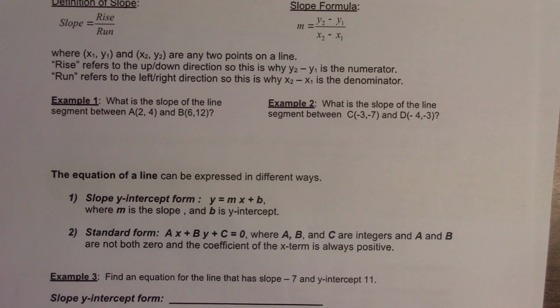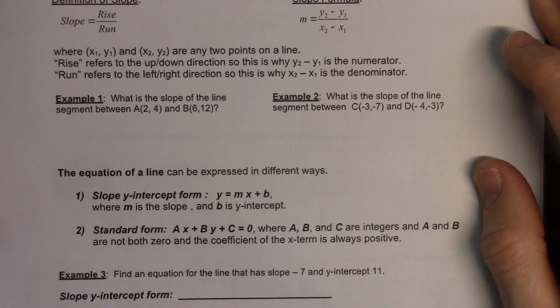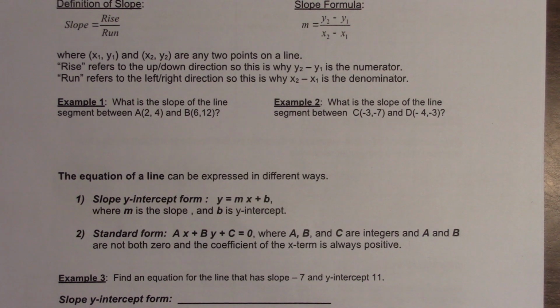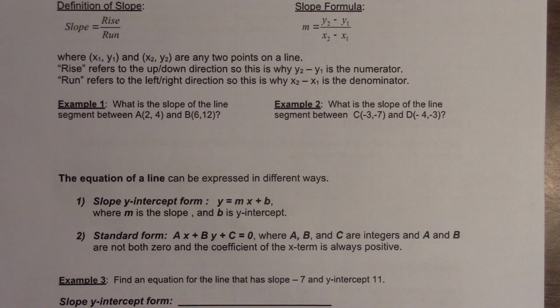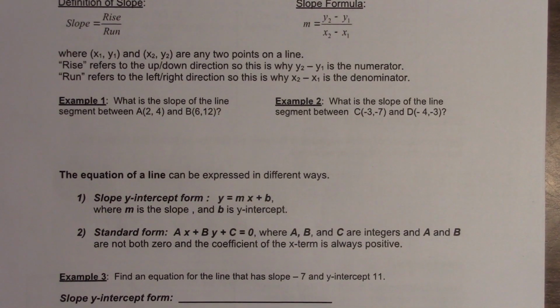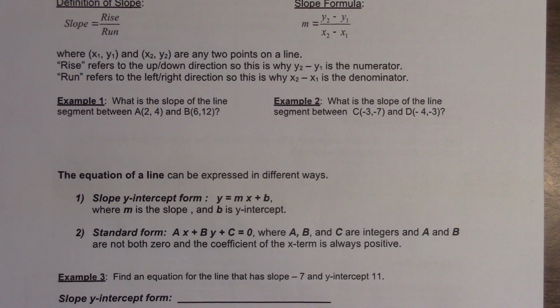So example 1. What is the slope of the line segment between A and B, where A is 2, 4 and B is 6, 12? Who can tell me how to figure this out? I'll just leave it.